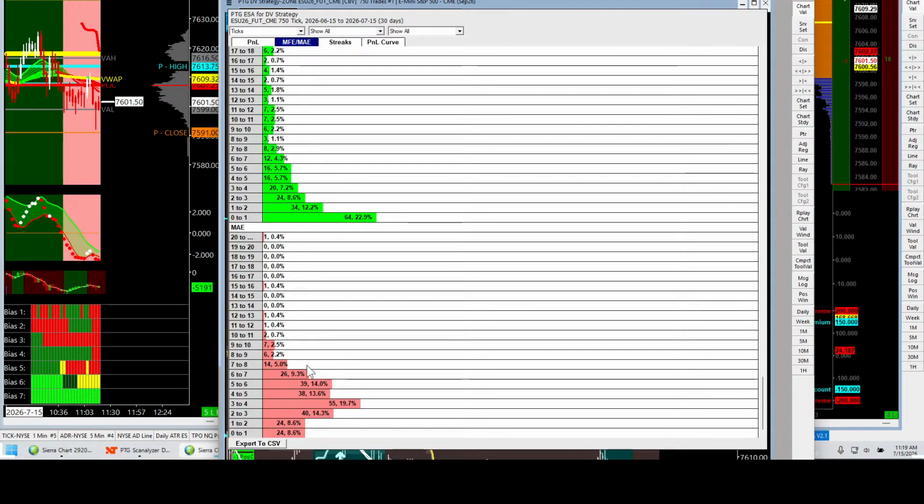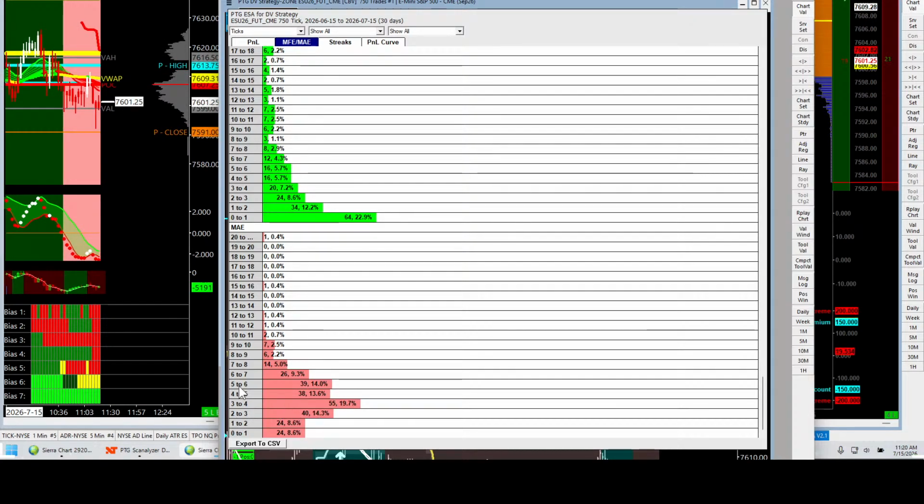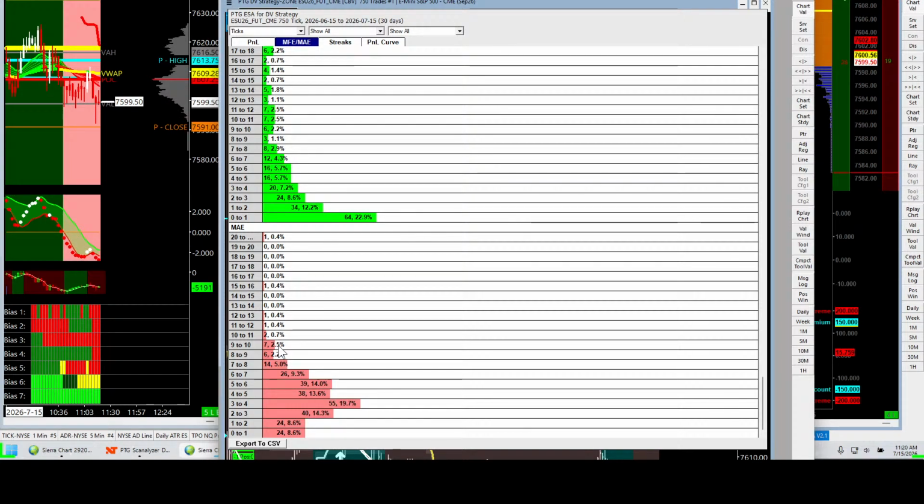You'll see the adverse excursions are very congested. The idea of using a maximum adverse excursion is determining where is a more efficient place to place your stop after an entry, taking all the trades into consideration.